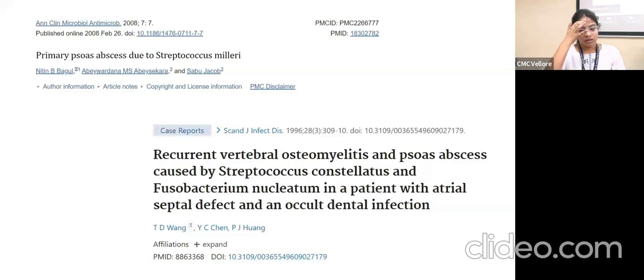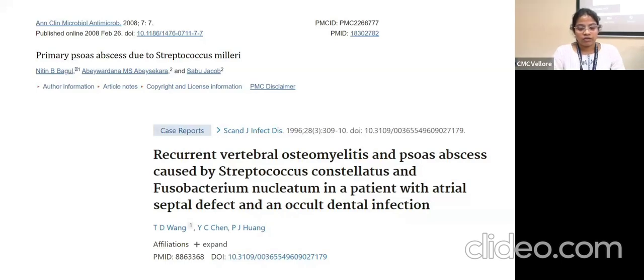A psoas abscess caused by constellatus is actually a very rare entity. Only 2 case reports have been published from China. This one is a primary psoas abscess caused by Streptococcus milleri, treated with antibiotics and source control by pigtail insertion.